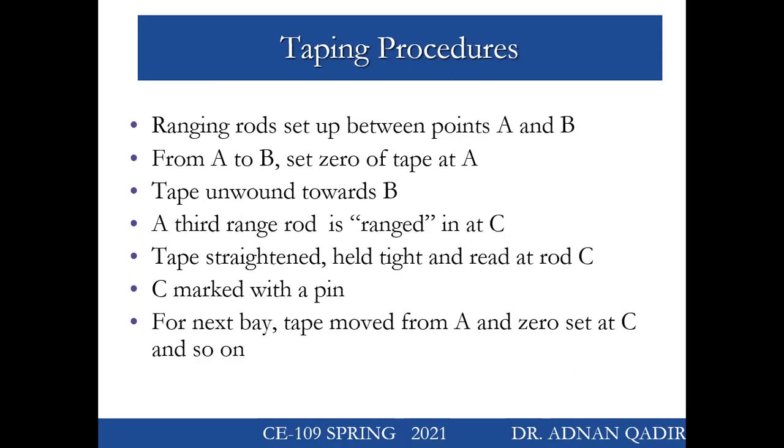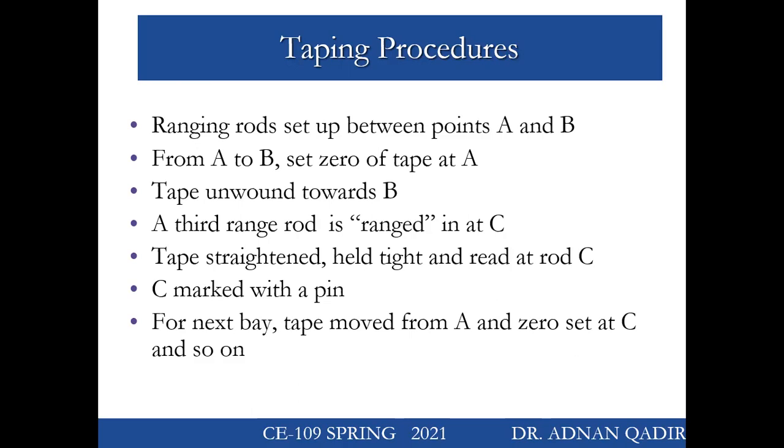At point A, we set 0, and then we unwind the tape towards B. A third ranging rod is also used at C. It's a middle distance, and this is for straightening the taping procedure.